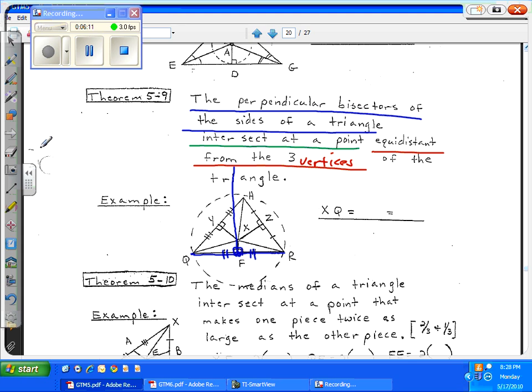It hits at 90, see? And then if we had side HR, and we found its midpoint Z, meaning that HZ is equal to RZ, and we drew a perpendicular, which means it hits at 90, then we've got the perpendicular bisector of HR.